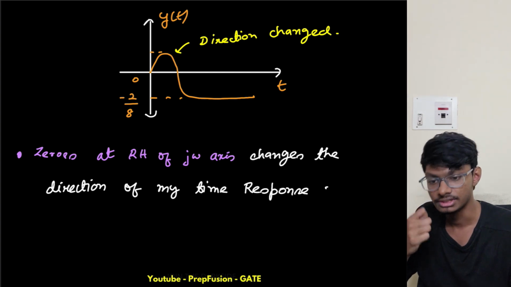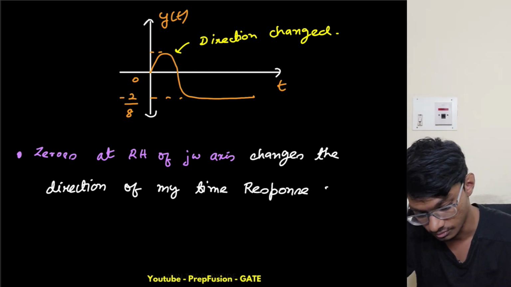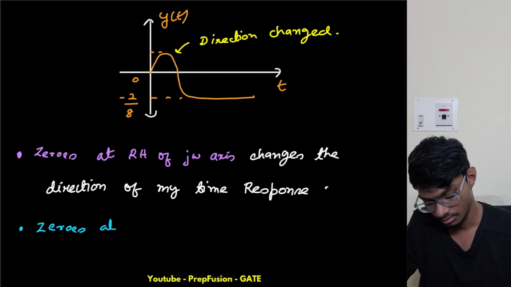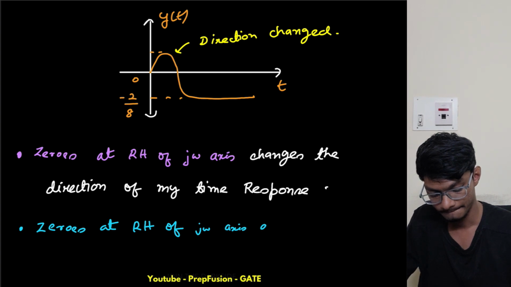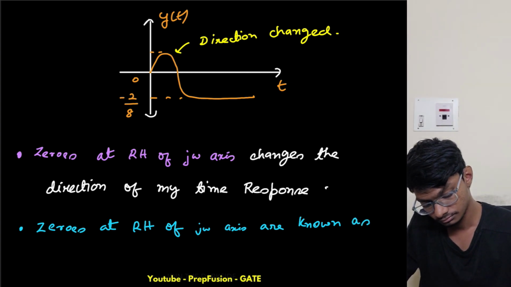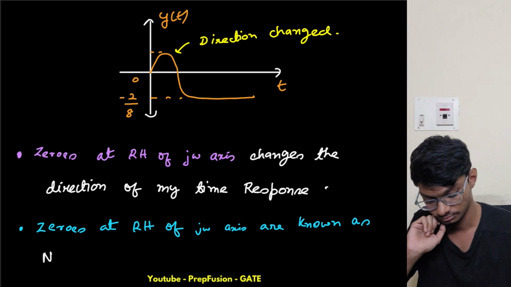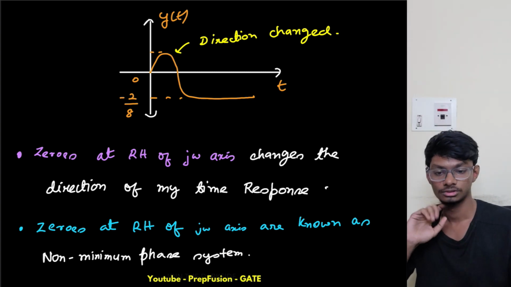So like these types of things, zeros in the right half plane of the geometric axis are known as non-minimum phase systems.